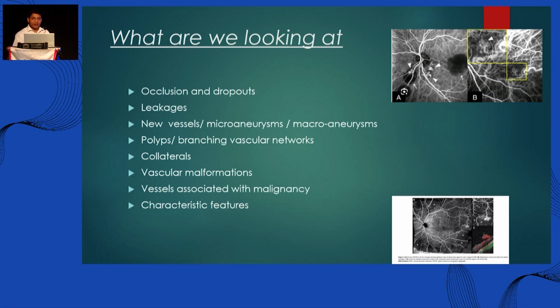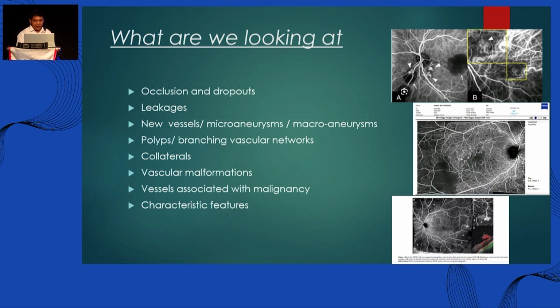In certain cases we want to see whether there are vessels associated with another pathology like malignancy, or certain characteristic features or staining patterns. Having all that in mind, and also a working diagnosis, we proceed. Otherwise, your exercise is going to be useless.